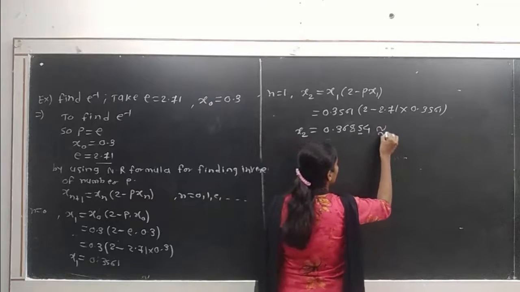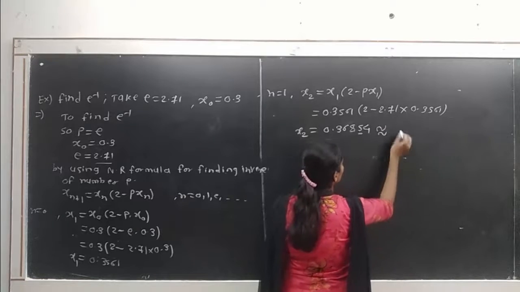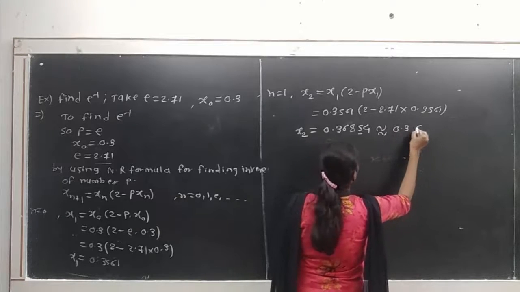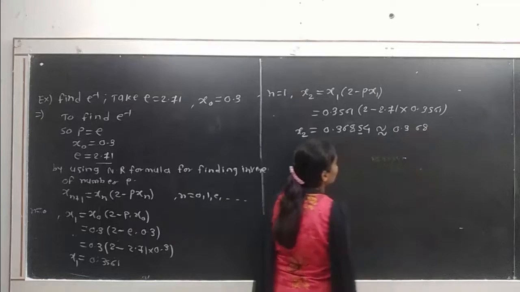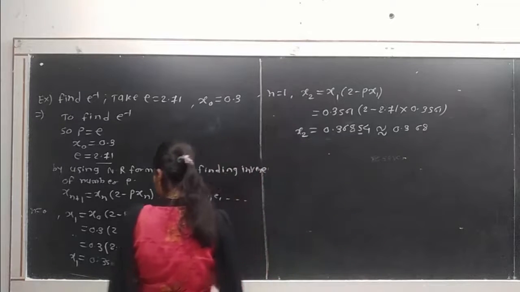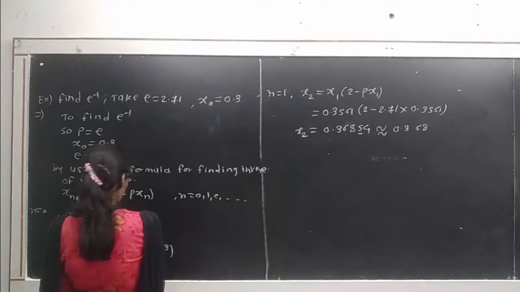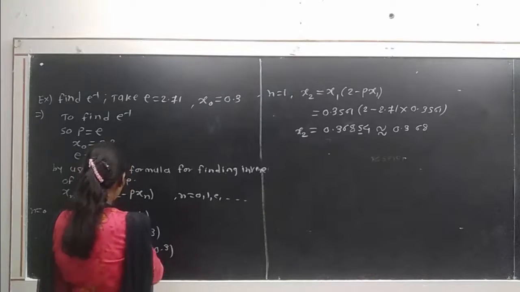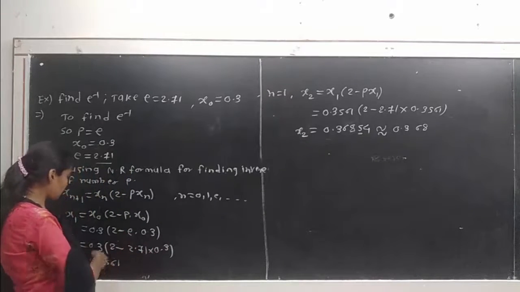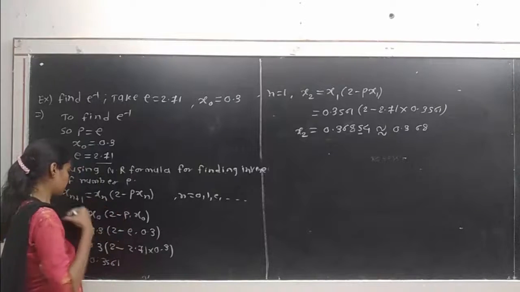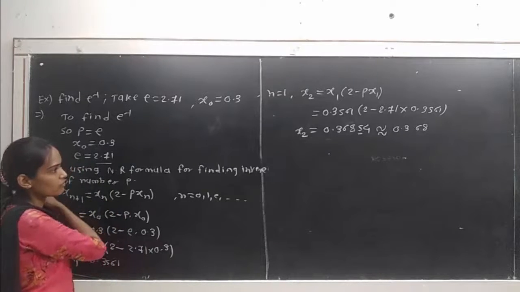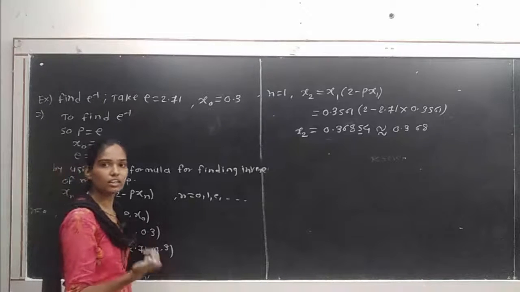We get 0.368 up to 3 places. Then if we observe these two approximations, they are correct up to only 1 decimal place. Therefore we find the next approximation.